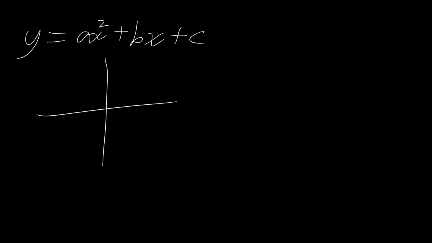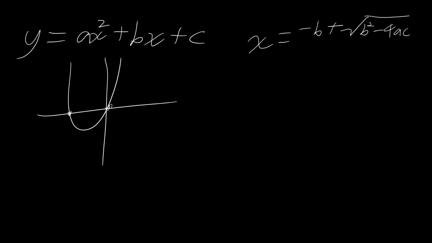So, I'm sure many of you in Year 9 have seen the equation y equals ax squared plus bx plus c, and that it plots a parabola. In Year 10, you may have seen the equation to solve for the roots, which is x equals negative b plus or minus root b squared minus 4ac all over 2a.